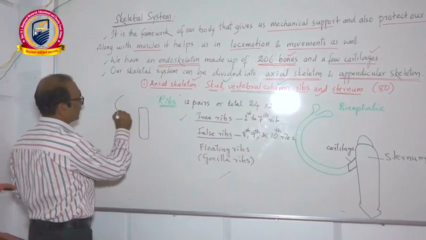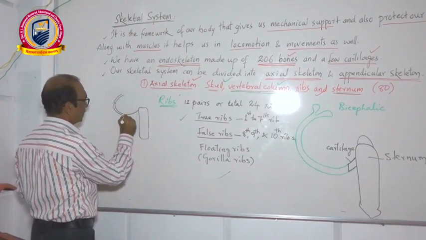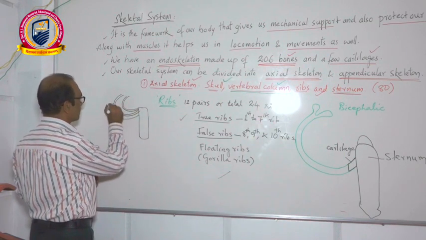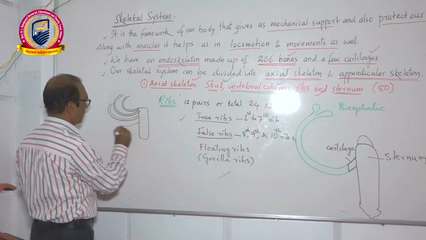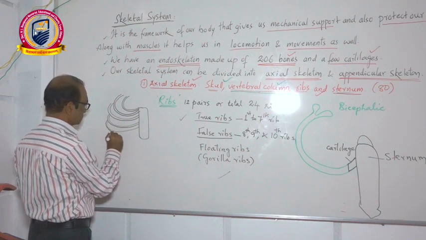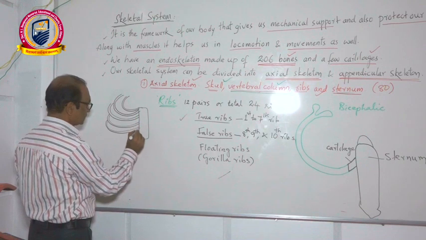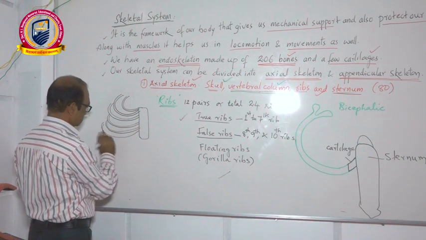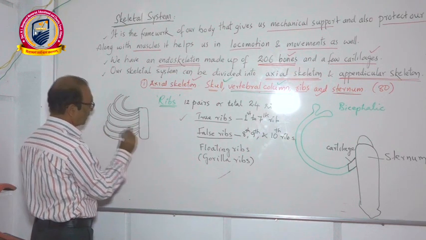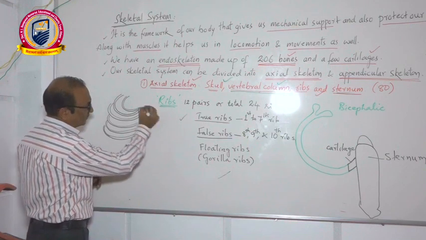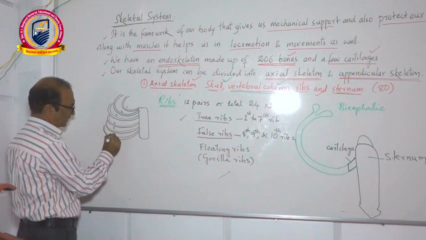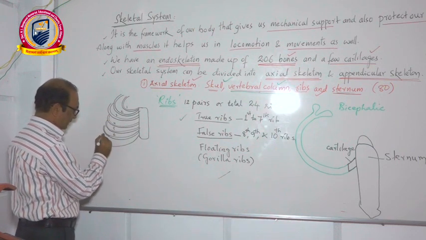So we have seen that all other ribs connect to the sternum. One side I am showing, the same you will have on this side also. So first rib, second, third, fourth, fifth, sixth. Now this is the 7th rib.